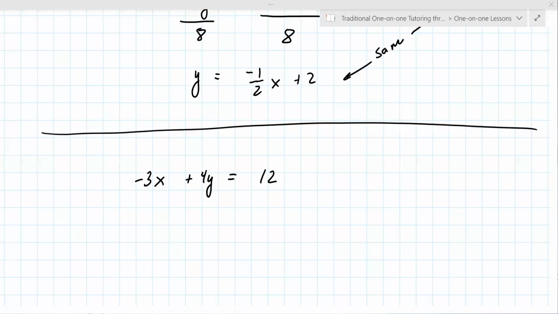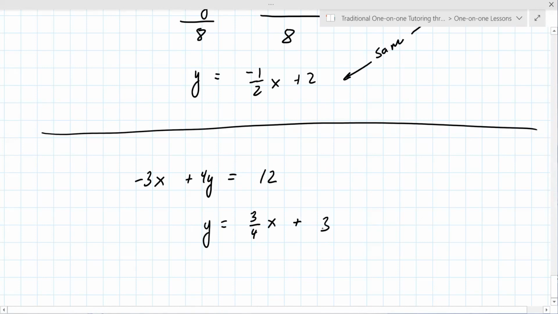So that'd be y equals 3 divided by 4 times x, and then plus, what number goes here? 3. Yes. So this is okay. It's okay to write it this way. You don't have to convert it to a decimal. Fractions are okay.